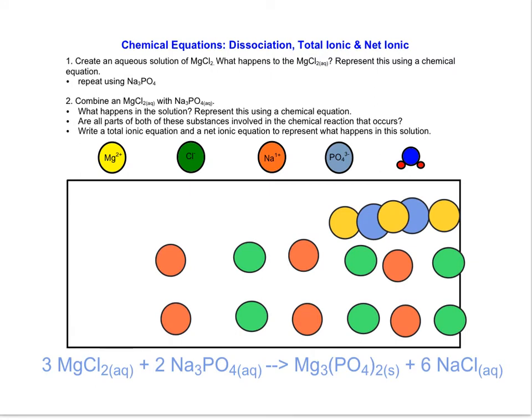And so we end up with this one unit, this one molecule, if you will, of the Mg3(PO4)2, and then really it's 6 sodium ions and 6 chloride ions, but that's not completely represented using this equation down below. And so how we're going to better represent that, and I'll show you on the next slide, is by using the total ionic and the net ionic equations.